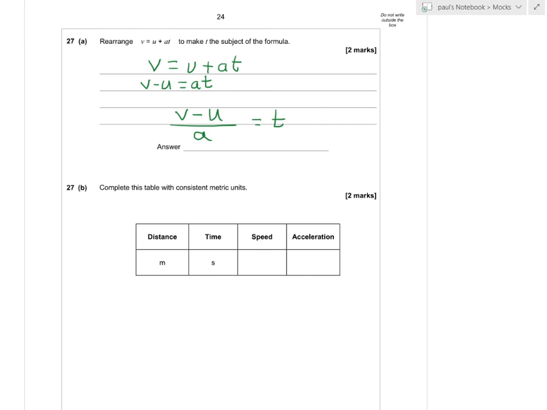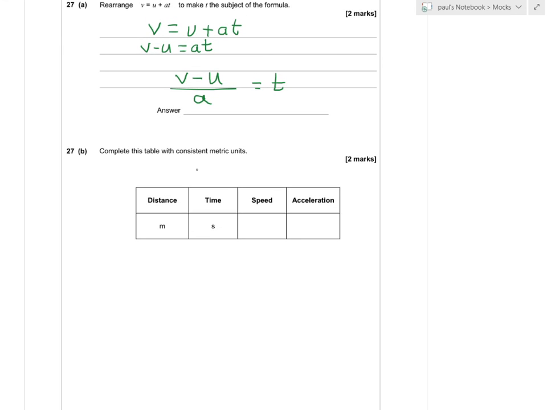Complete the table with consistent metric units. Meters, time. Speed is meters per second. And acceleration is meters per second squared. Might get away with meters per second. Oh, we've got U's, A's and T's. Yeah.